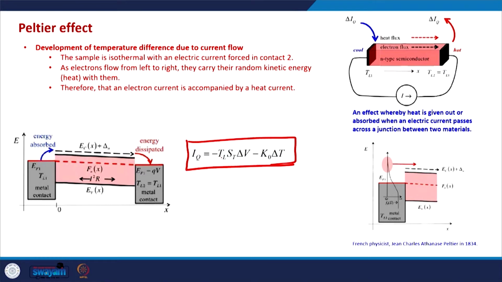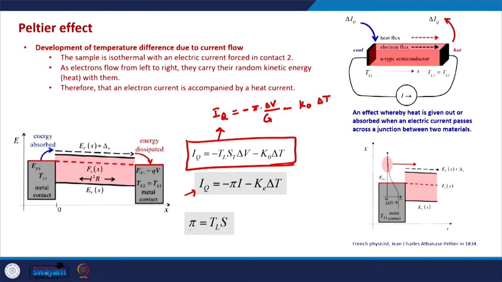IQ is minus TL ST times delta V minus K naught times delta T. And this is rewritten as IQ is minus pi times delta V by G minus K naught delta T. Delta V by G is the current, the charge current in the system because of the applied voltage. So, this becomes I, so that is why we can write it like this.